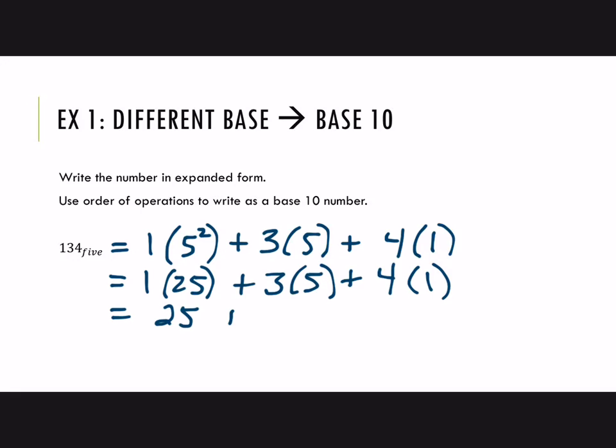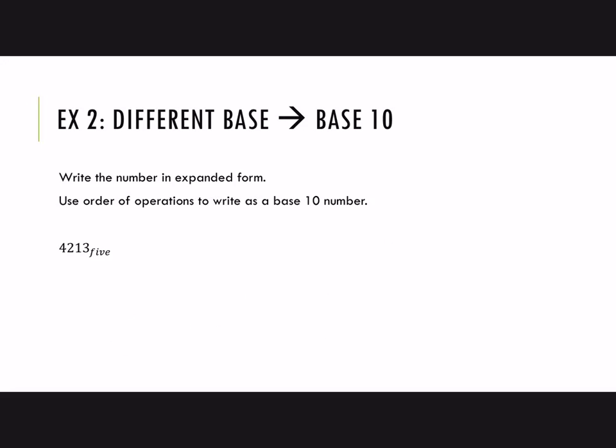So 1 times 25, 3 times 5, and 4 times 1, and then finally we add. Okay, so 25 and 15 is 40, plus 4 is 44. So 134 base 5 is the same as 44 base 10. And I don't put a subscript here because it is base 10. We just assume that it is base 10 if there is no subscript.